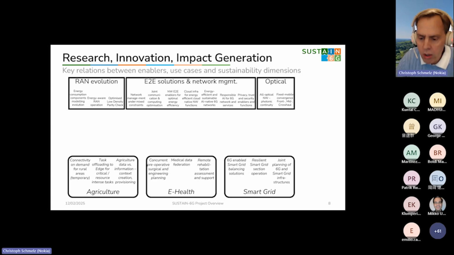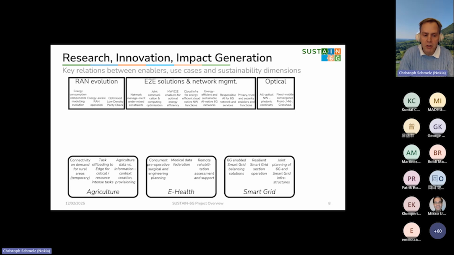Here a bit more on the vertical scenarios we look at, and some examples of the particular use cases we'll be looking at. From an agricultural point of view, this is on the one side related to vehicles, autonomous vehicles. It's about data and information creation and provisioning, but it's also about connectivity. And this is a good example, connectivity on demand in rural areas.